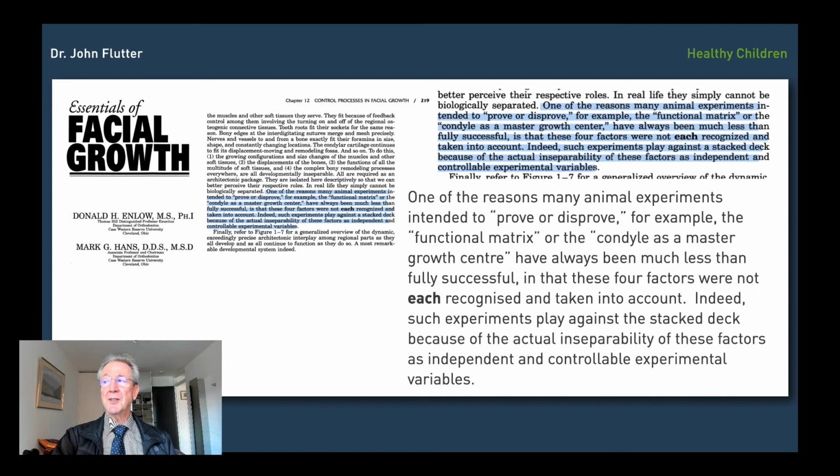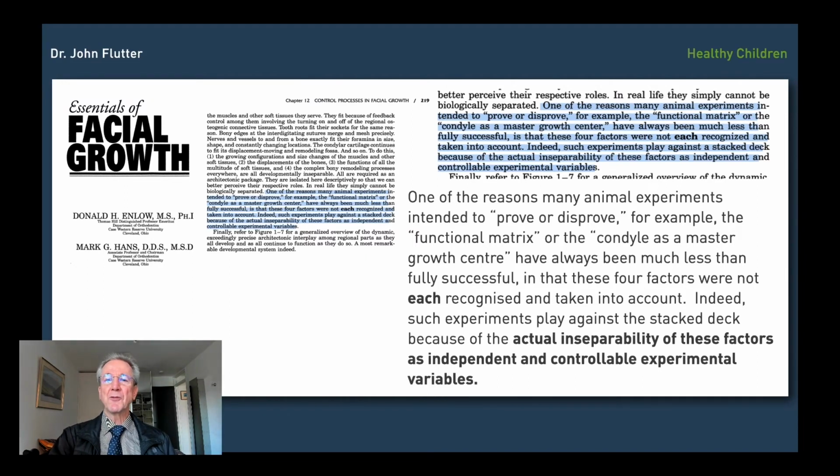He says, and this is my highlighting, that the inseparability of these factors as independent controllable experimental variables means that any attempt at randomized control studies will be doomed to failure, because you cannot differentiate between the different factors. Is muscle important? Is tongue position important? Does the tongue give genic activity to particular muscles, to particular osteoblasts to get them to grow?